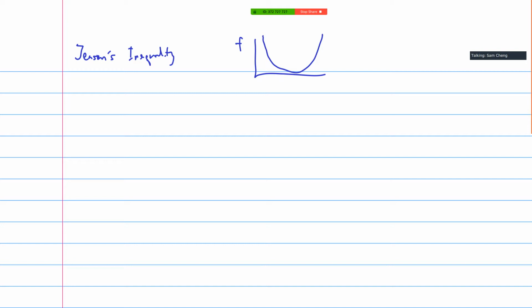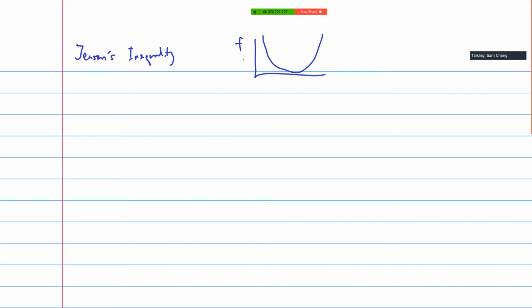It's a scalar function. The argument can be a vector, but here I'm just showing a 1D scalar function for f.